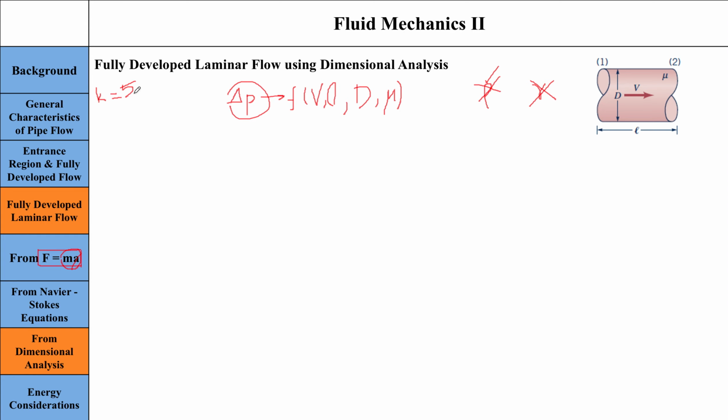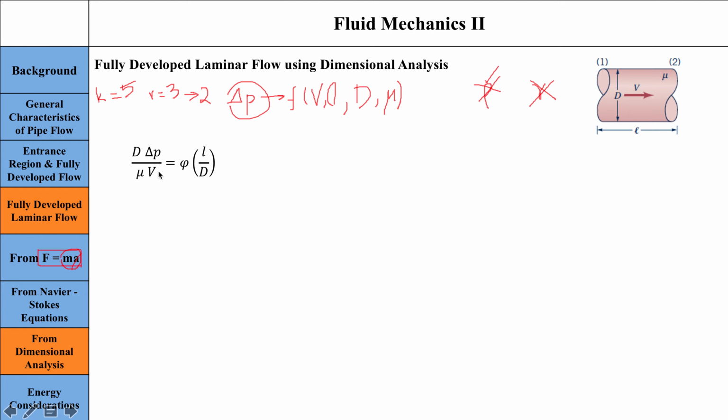And the reference dimensions, the number of dimensions that are required to analyze these equations, is going to be 3. Those 3 can be force, length, and time, or mass, length, and time. So we have 5 variables, 3 reference dimensions, and 5 minus 3, we get 2. And this 2 represents that we have 2 pi terms that we need to be able to work this problem out. And one of those representations is shown here.